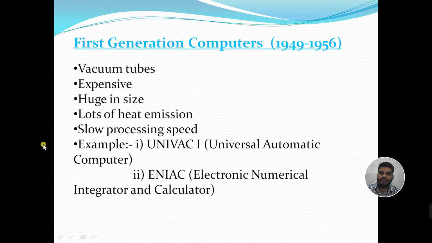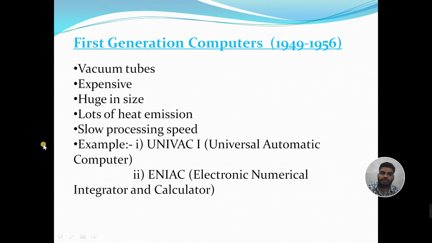The first generation computers were very huge in size and very expensive. They were only affordable by government organizations. The size of these computers was very big because they used vacuum tubes for storage and processing purposes. These computers emitted lots of heat and had a very slow processing speed.